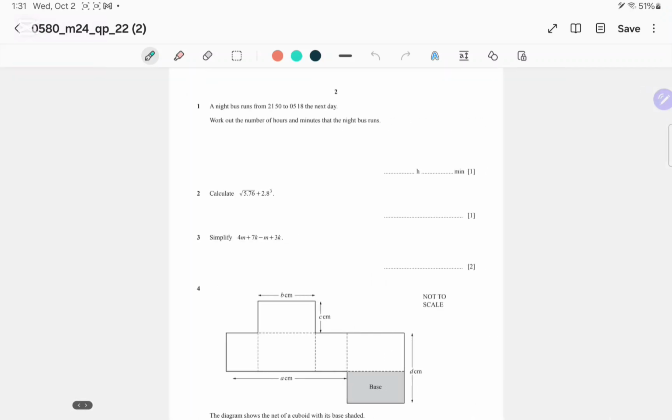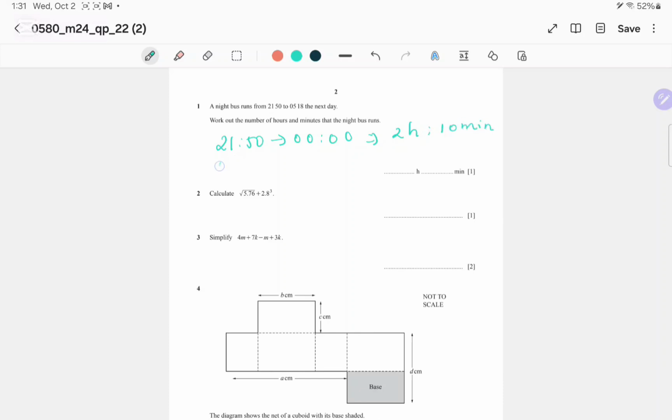Okay, so your first question: a night bus runs from 21:50 at night to 5:18 the next day. Calculate the number of hours and minutes the bus can run. So 21:50 to 12 o'clock midnight is 2 hours and 10 minutes.